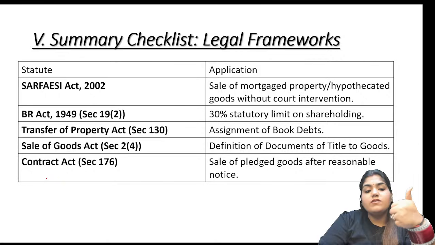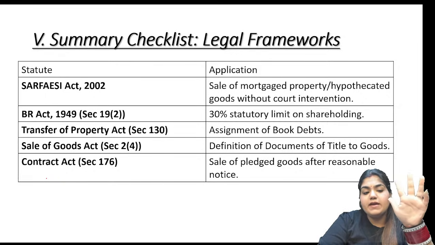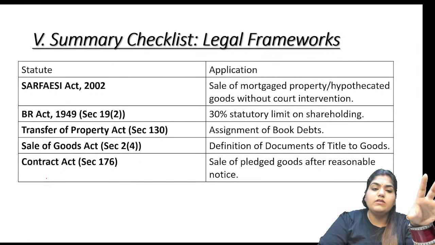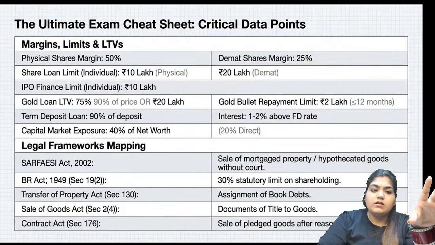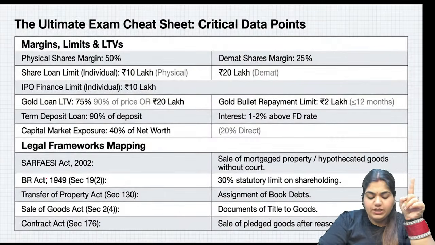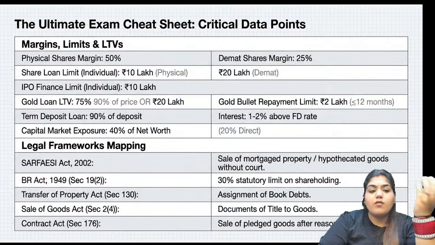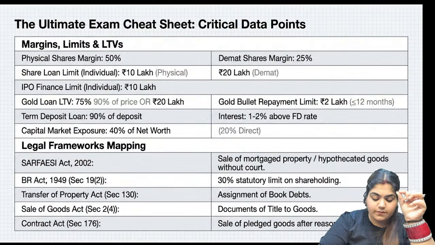We have talked about SARFAESI, the Sale of Goods Act, the Contract Act, the Transfer of Property Act, the BR Act. Somehow, some of the acts got in the list. Okay, this is the cheat sheet, where the different types of margins which the bank gives, what is the percentage, what is the format, what LTVs are given. Please go through this.